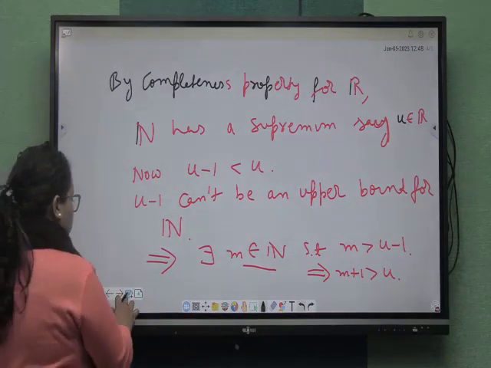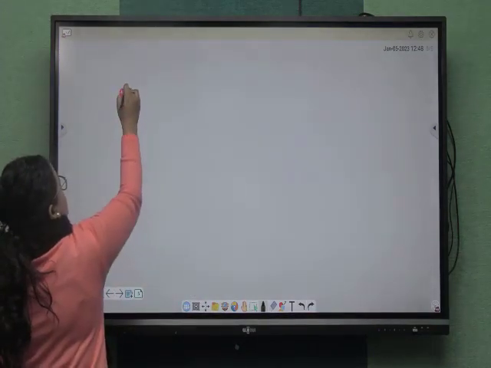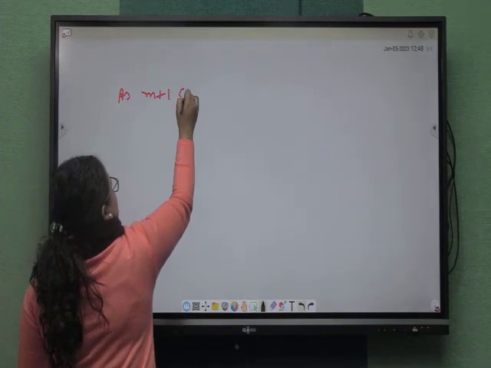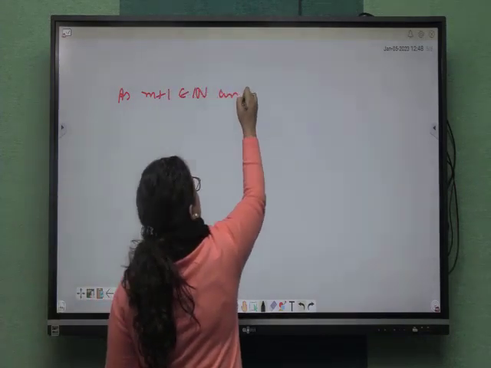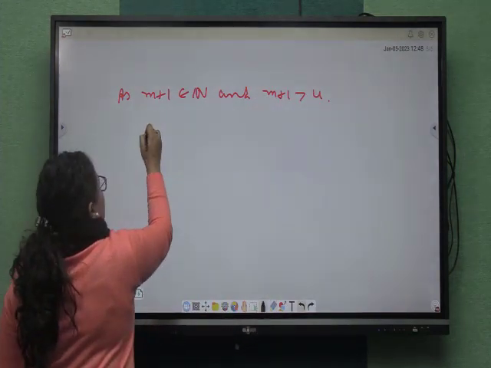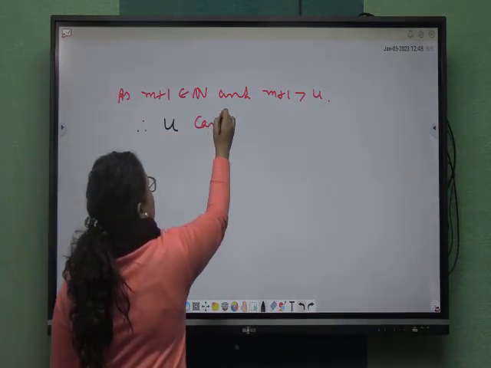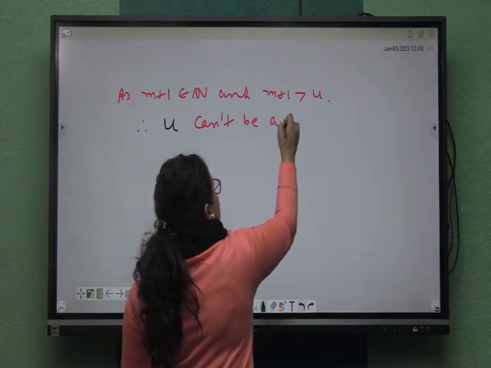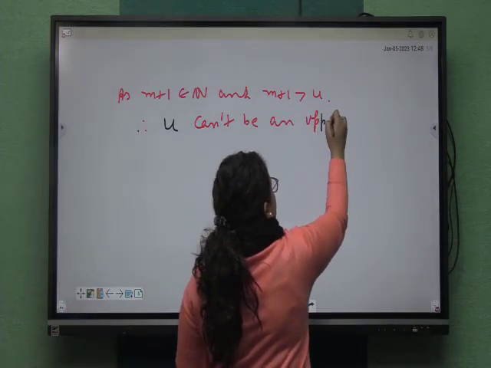So how are we going to write this? As m plus 1 belongs to N and m plus 1 is greater than u, therefore u can't be an upper bound.